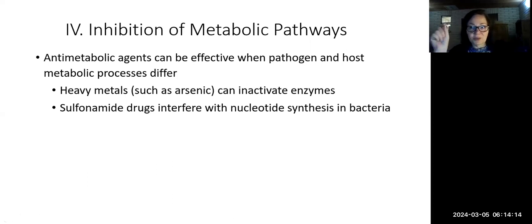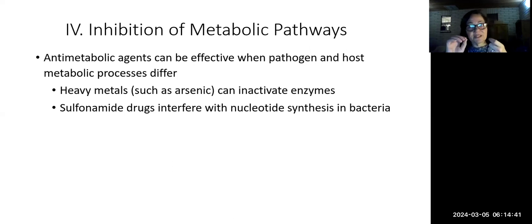But okay, so some of the early attempts: heavy metals such as arsenic can inactivate enzymes. Unfortunately, they can inactivate enzymes in both the bacteria and in our cells. So nowadays they're not used so much, but you may or may not have known this, I know I mentioned it in the lecture earlier, that arsenic used to be used as the treatment for syphilis.